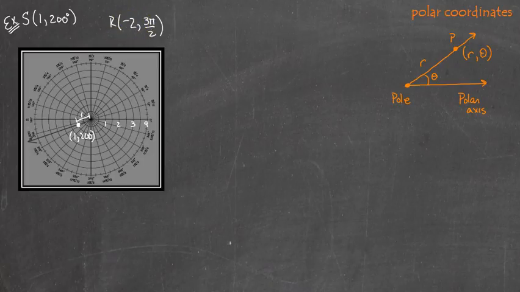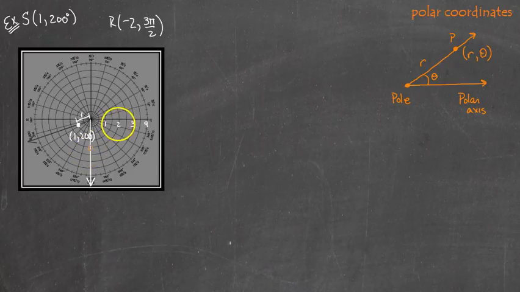So what impact will that have on the actual graph? Well, let's start with our radians. If I start with a ray on the polar axis and take it around to 3π/2, I end up here. And so you might think at this stage that all I have to do is plot the point 2 on that ray and I'm done.